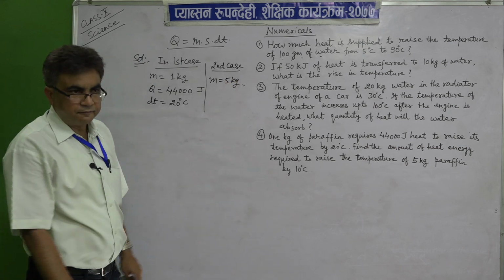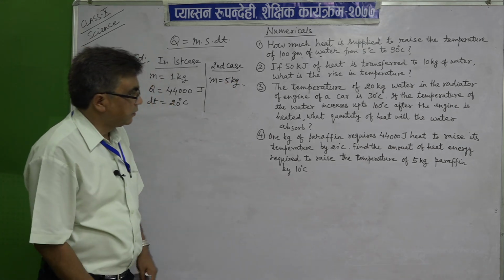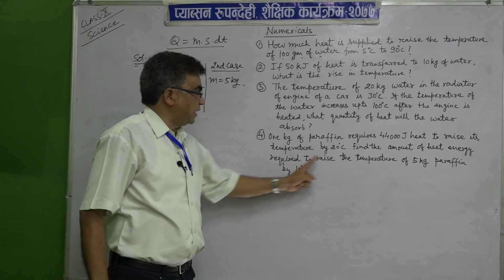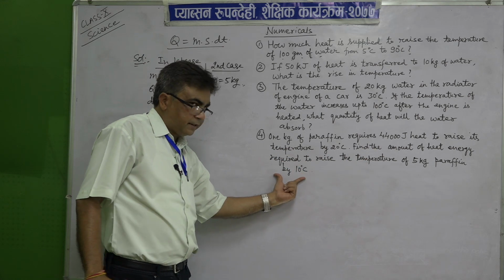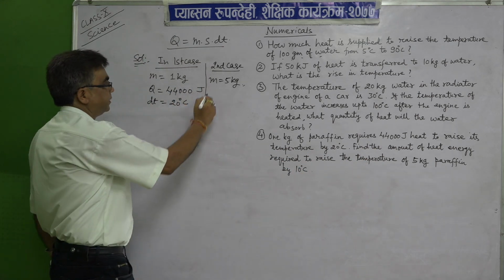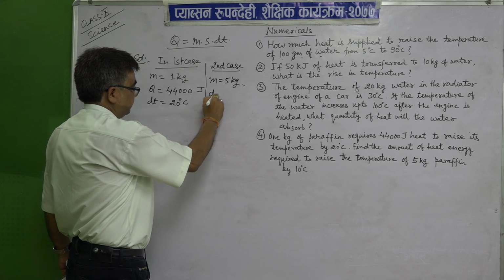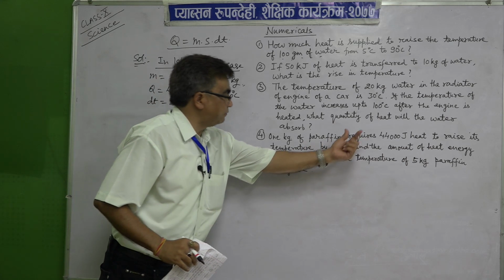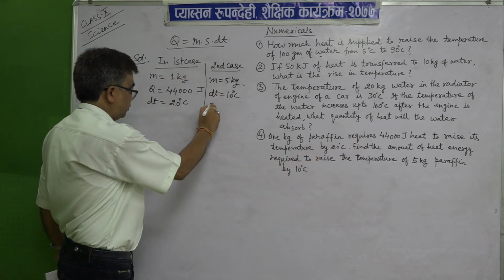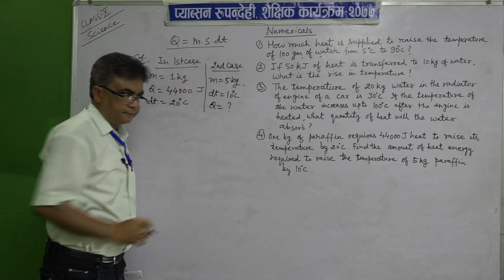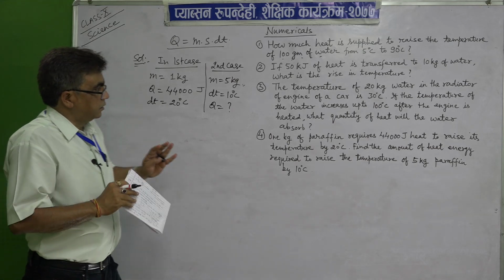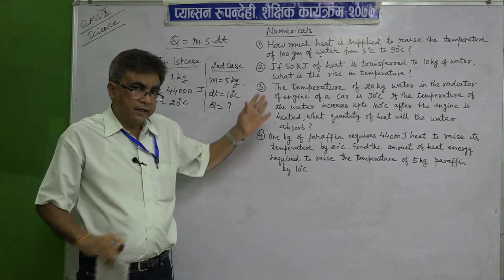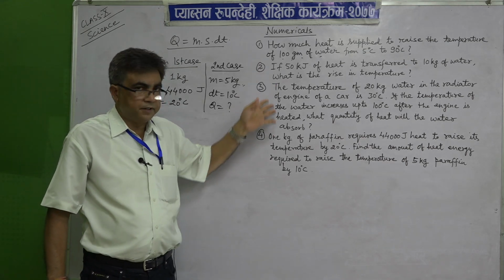Mass of paraffin is 5 kg, okay, and required to raise the temperature of 5 kg paraffin by 10 degrees centigrade. dt is given 10 degrees centigrade. Find the amount of heat energy required. Q you have to calculate. So, this question is little bit different from the rest 3 questions which already we have dealt with. Okay.